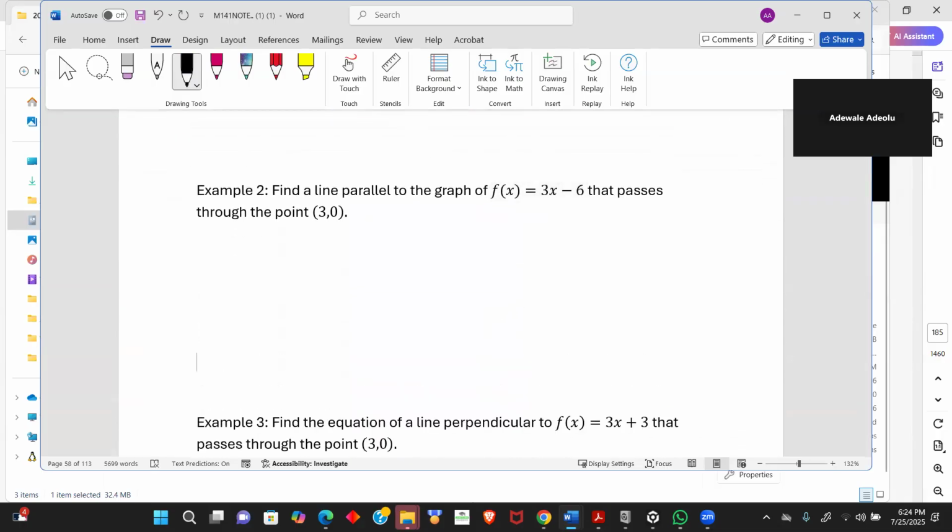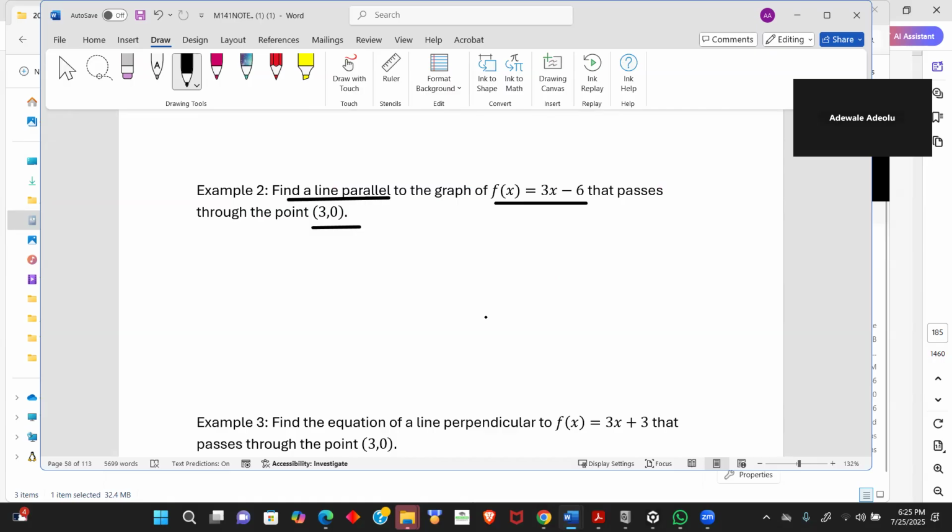Okay, another example. Find a line parallel to the graph of f of x equals 3x minus 6 that passes through the point (3, 0). Now let us put everything we've learned together.